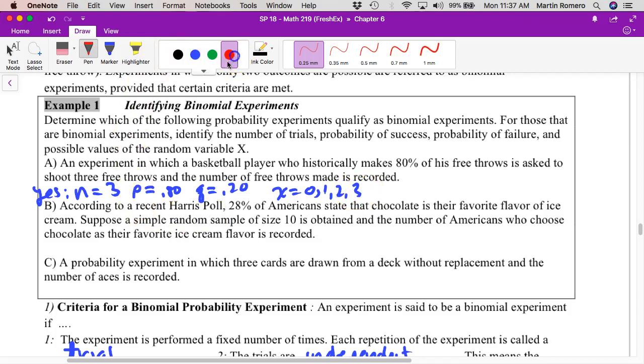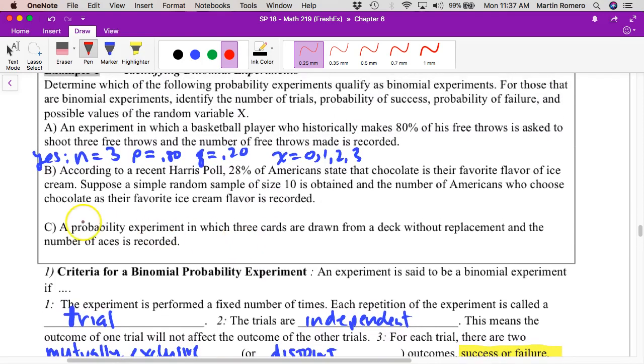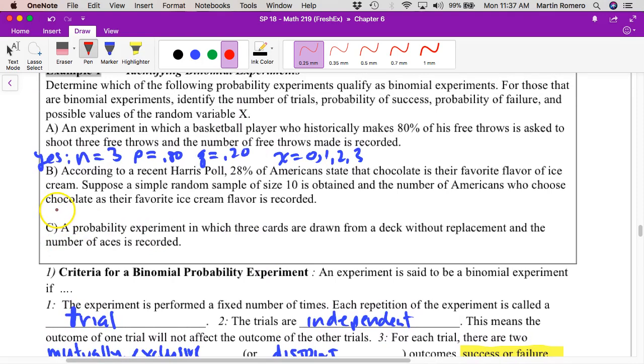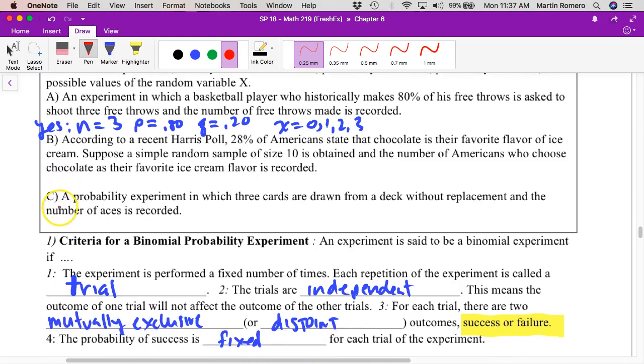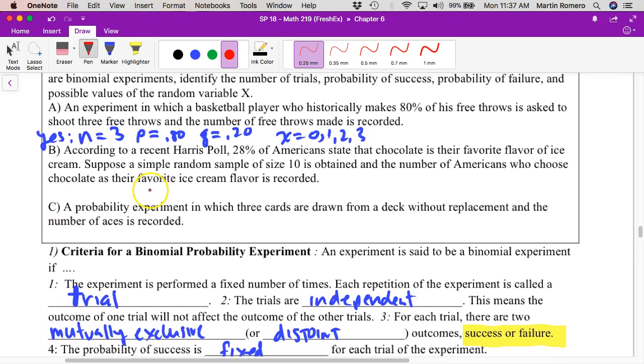Part B, according to the Harris poll, 28% of Americans state that chocolate is their favorite ice cream. Suppose a simple random sample of size 10 is obtained, and the number of Americans who choose chocolate as their favorite ice cream is recorded. Is this a binomial probability experiment? Consider your criteria. We're going to be asking 10 people, and so that would be 10 trials. Whether they like chocolate or not, we're going to assume is independent of each other. And then we only have 2 outcomes. Either they like chocolate or don't like chocolate.